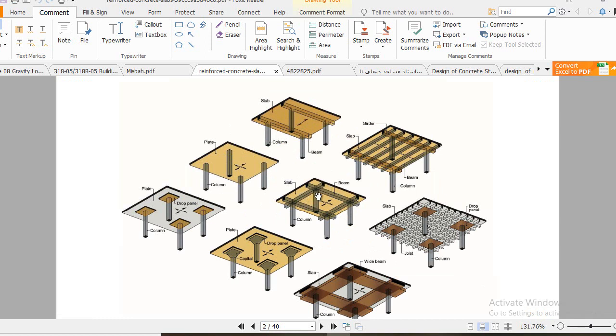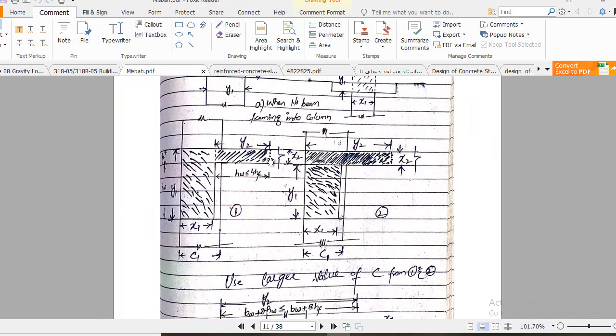So what will be the effective section of that transverse member? It basically explains this concept, that this dotted portion is the section of our transverse member.